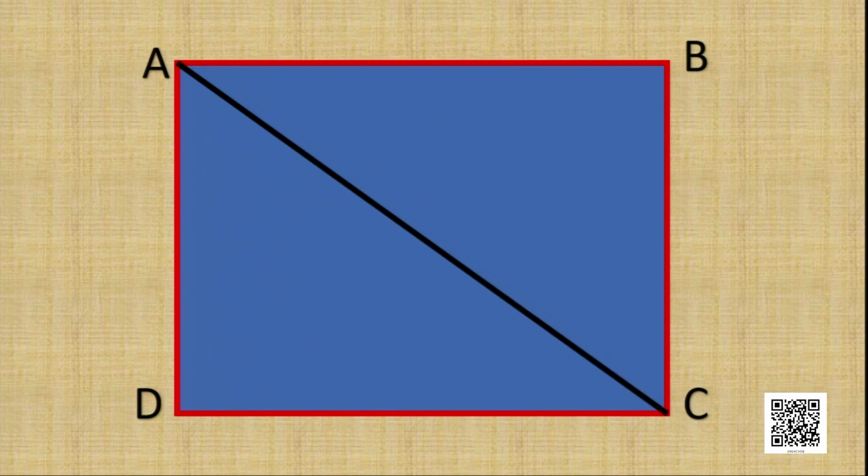If you apply the Pythagoras theorem, then the distance between A and C will be the square root of AB square plus BC square. That means you will get root over 200 meter, and root 200 is 10 root 2 meter.